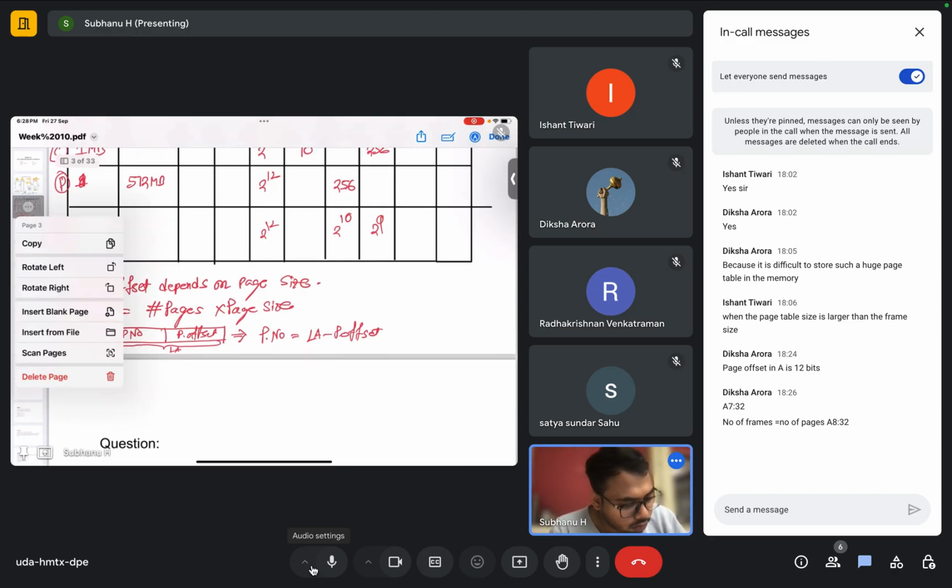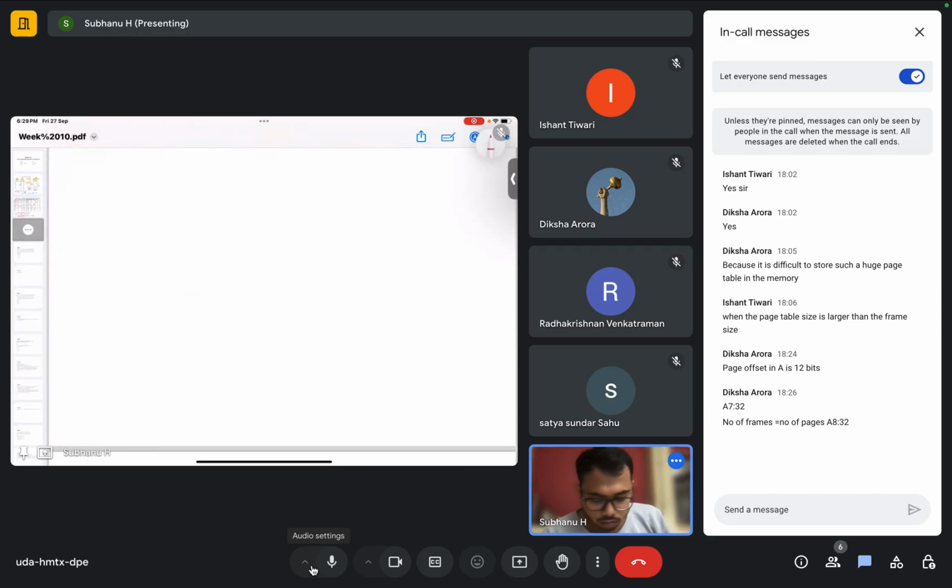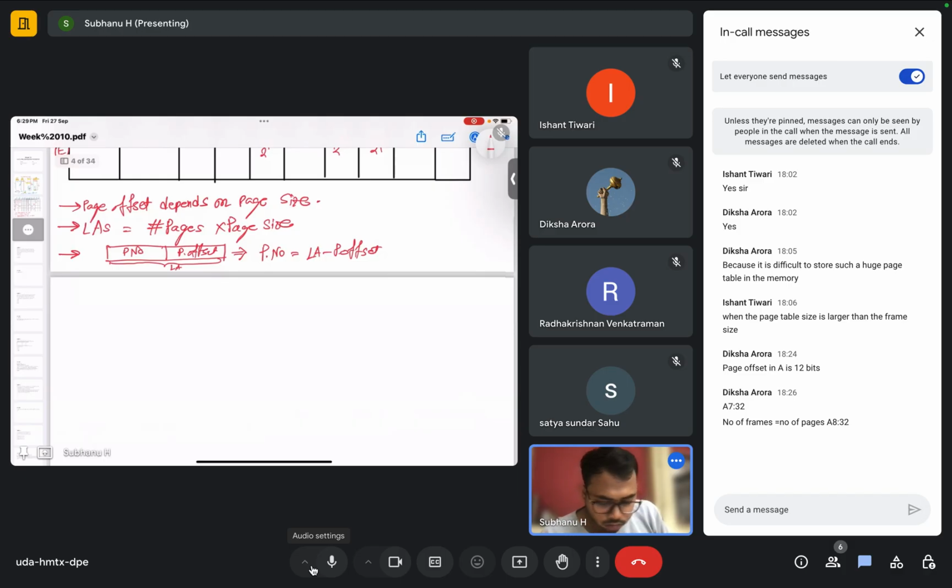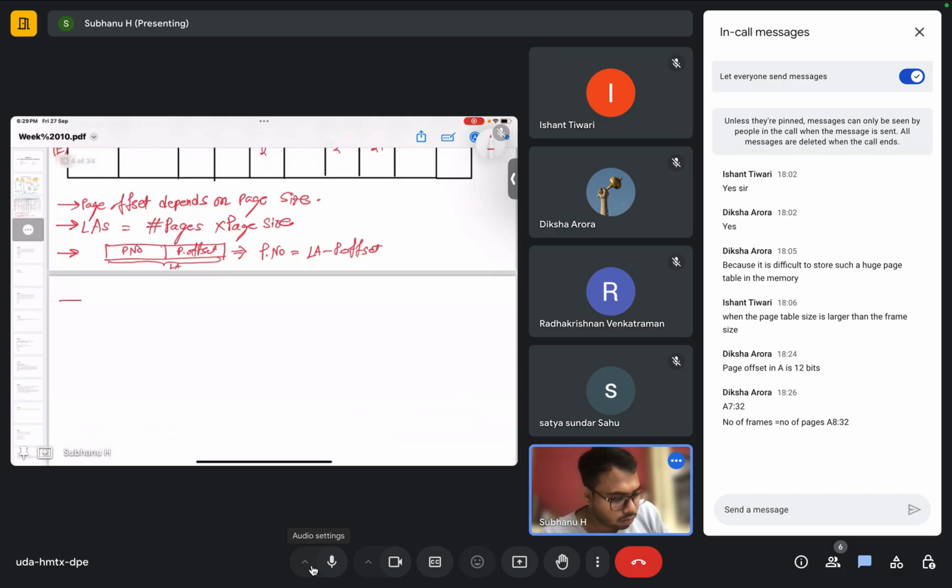You can write that the page offset will be A6. You don't need to type page offset, you can just write that A6 is 12. Yes, you are right, A6 is 12. Oh, I think I have deleted it.